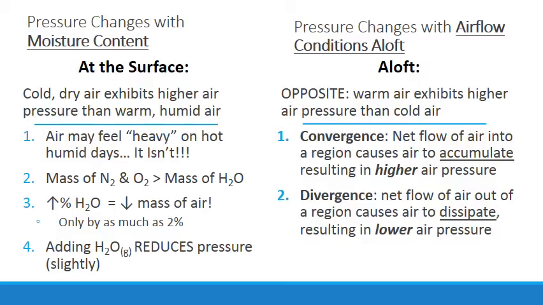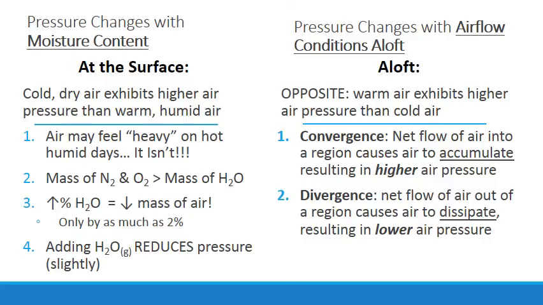So to summarize this, temperature differences, and to a lesser extent moisture content, cause horizontal pressure differences, producing a force that causes air to flow from areas of high pressure to areas of low pressure. In general, cold, dry air produces higher surface pressures than warm, humid air.